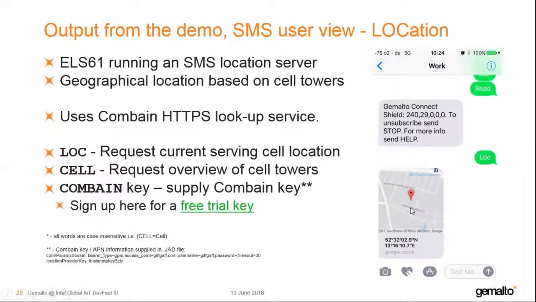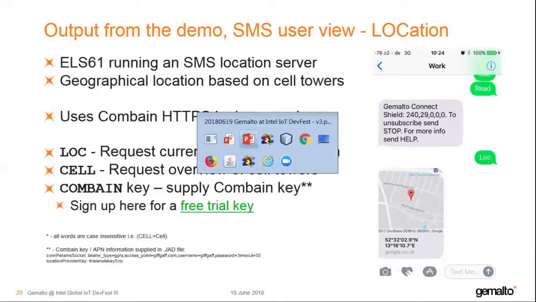And the Combane website allows us then, in our mobile device, to send an SMS, and we should be able to get responses back from the device with a typical sort of Google Maps link, which we can then click on.